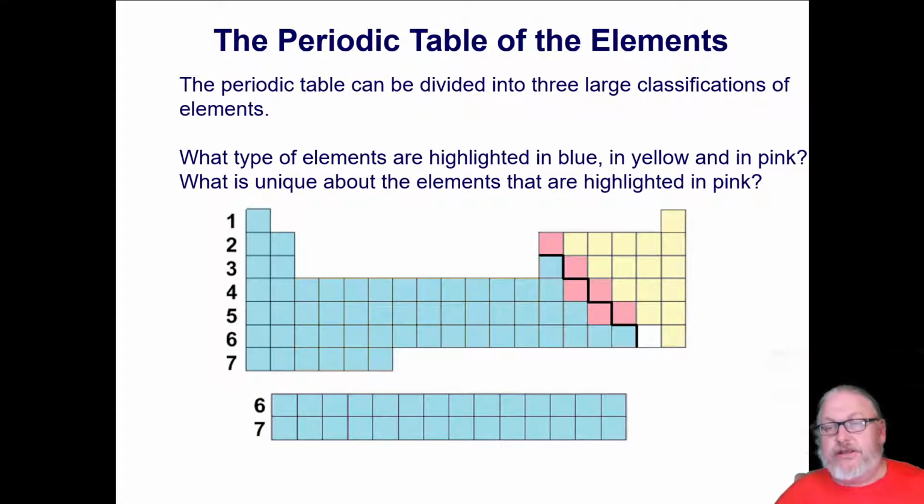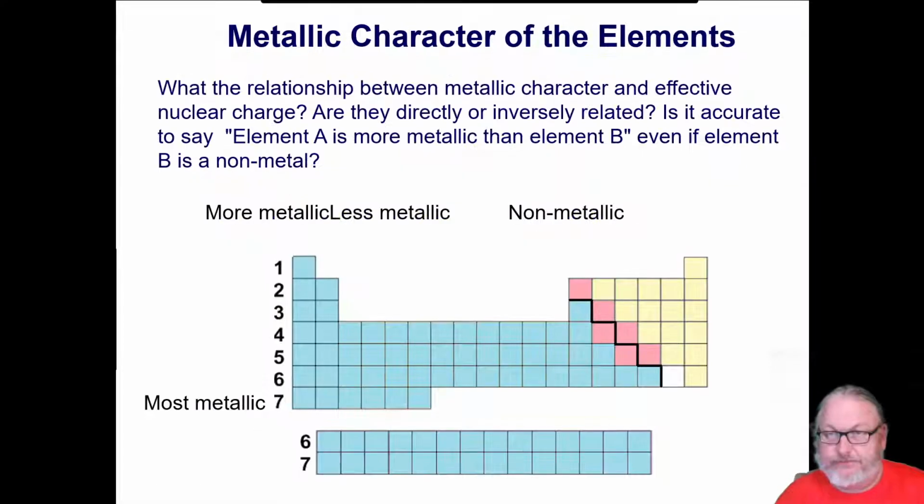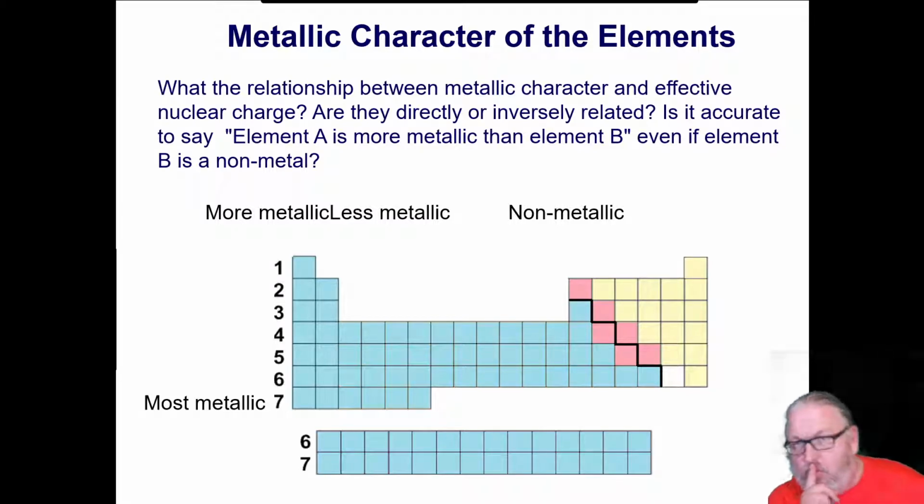The ones in pink are what we call metalloids. There are like 7 of those, with arguments on that last one, astatine. They have properties of both metals and nonmetals. And of course, the ones in yellow, those are what we call nonmetals.